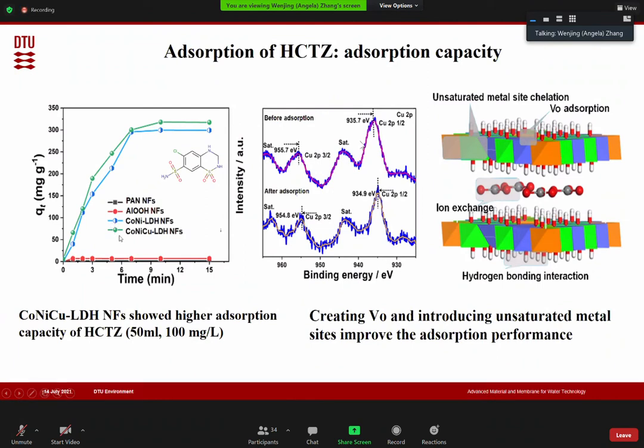However, when we convert it into LDH doped with cobalt, nickel, or even with the additional introduction of copper, we can see the absorption capacity taking effect with time, around 15 minutes. And we believe creating oxygen vacancies and introducing unsaturated metal sites improves the absorption performance.